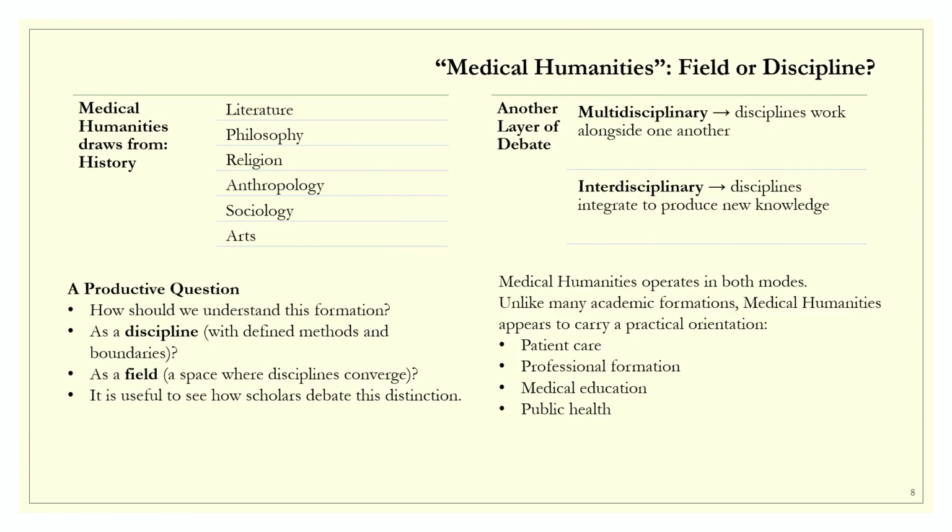Now, the breadth raises an important question. Should we understand medical humanities as a discipline with its own fixed method and boundaries, a discipline typically claiming to be with methodological coherence and institutional autonomy, or a field often operating more flexibly, borrowing tools and frameworks from elsewhere?